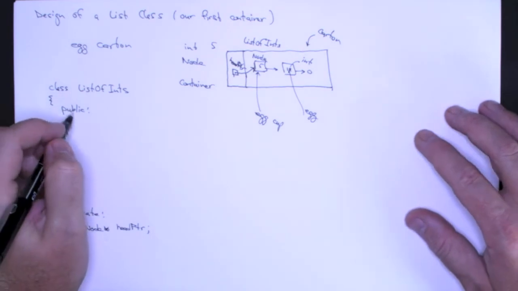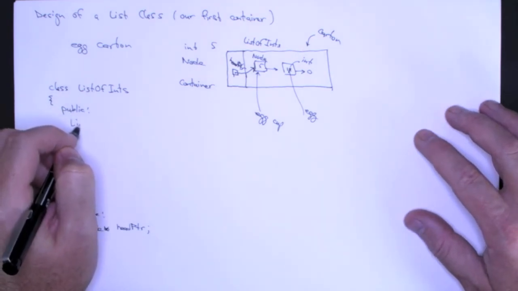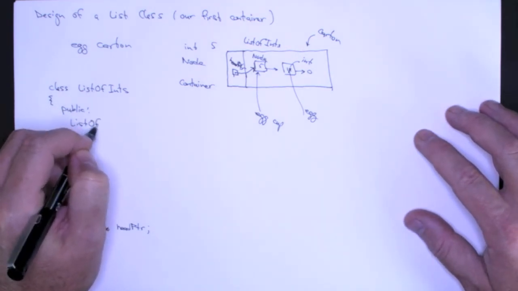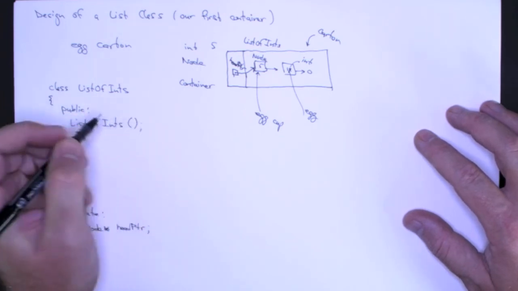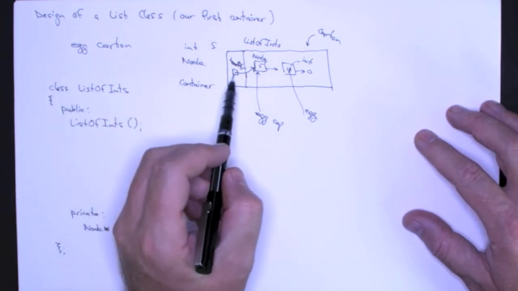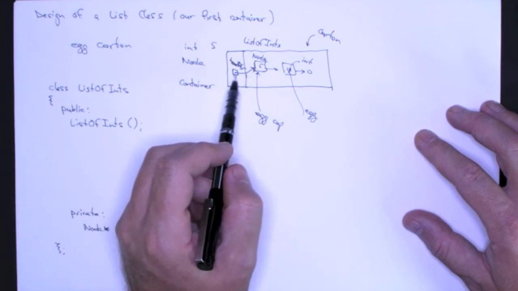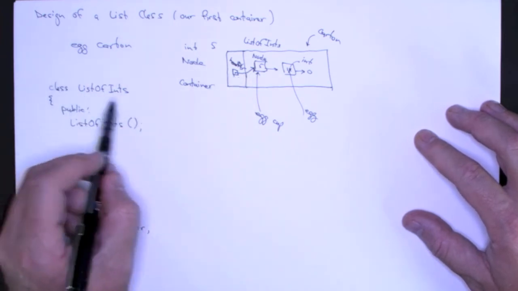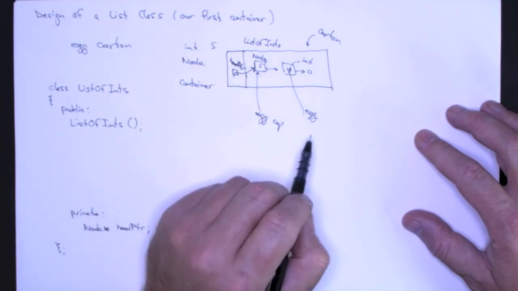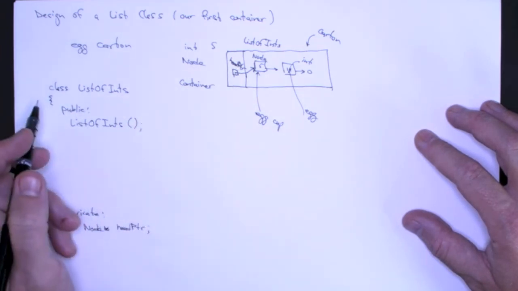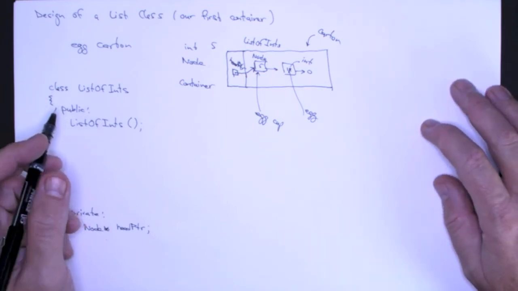The first thing I'm going to need is a default constructor. As you will see, all it's going to do is assign this head pointer to null, because when I first create a list of integers, it has no contents. So head pointer should point to null.